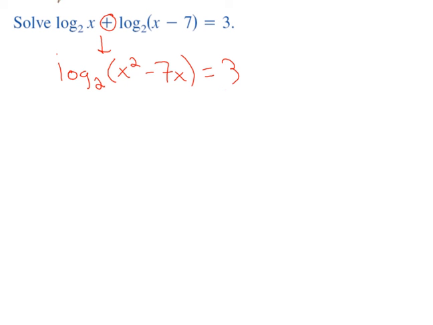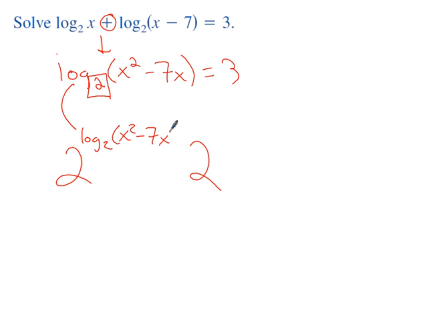So what I'll do is raise these as exponents, and I'll pick base 2. Why? Because this is log base 2. So log base 2 of x squared minus 7x equals, and then 2 to the third power. So over here, they're going to cancel out, and we're left with x squared minus 7x. And over here, we're going to have 8.